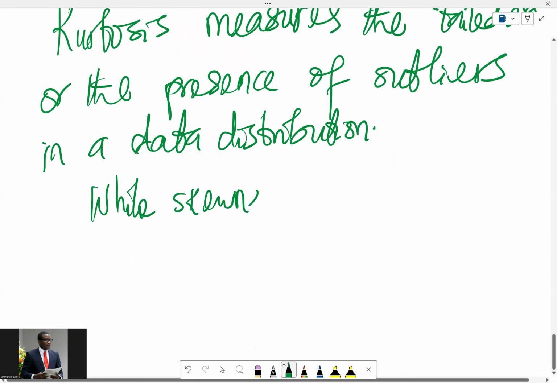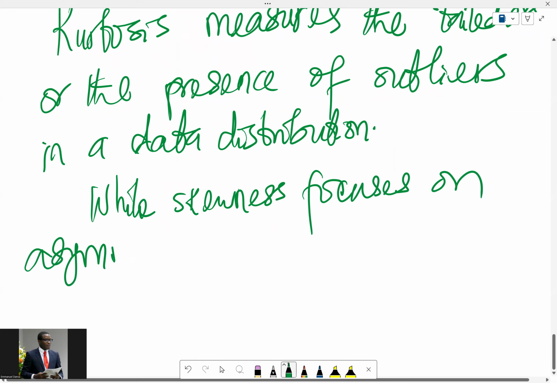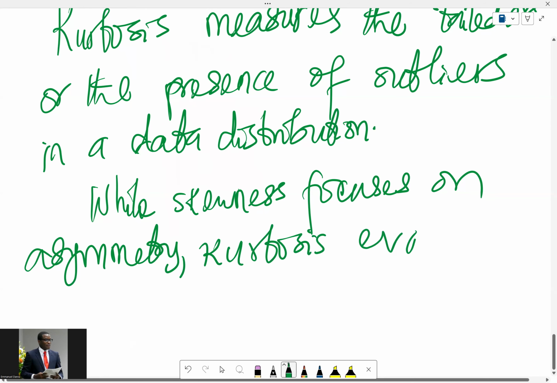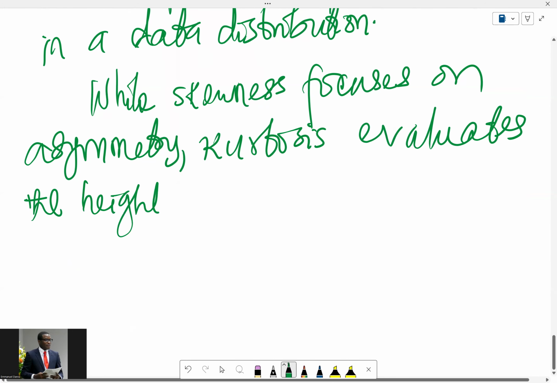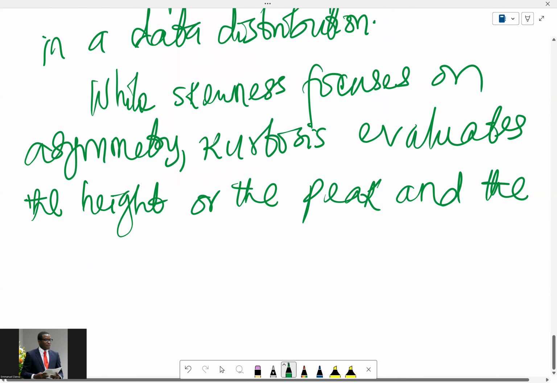While skewness focuses on asymmetry, kurtosis evaluates the height or the peak, and the heaviness of the tails.